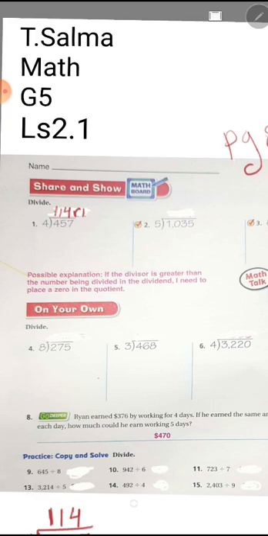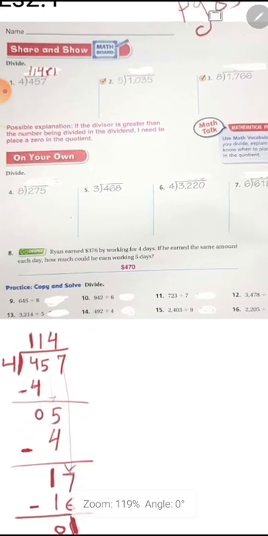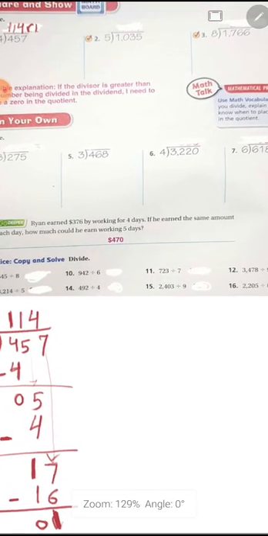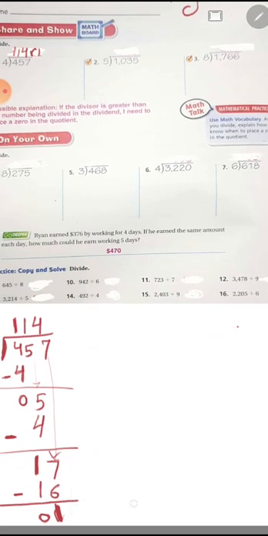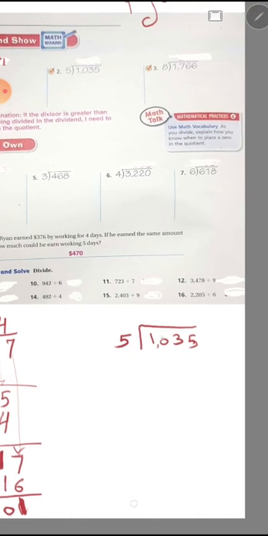Let's see number 2. Number 2 is 1035 divided by 5. I want you to focus on this exercise. I will write it here for you. Now, let's see. If you want to know the place of the first digit in the quotient, let's see it from the place value.